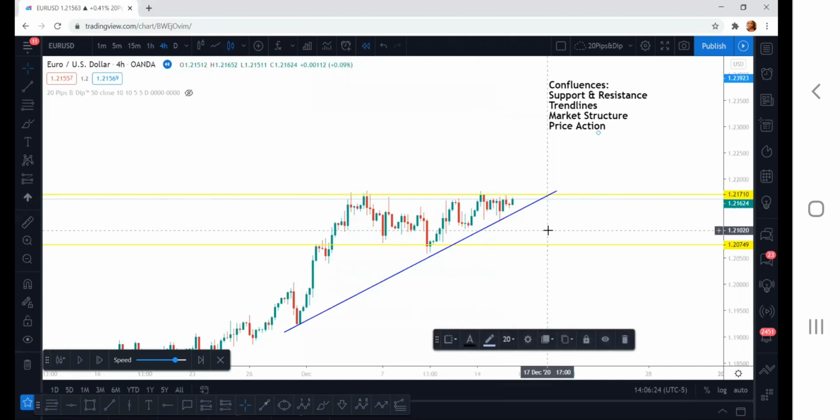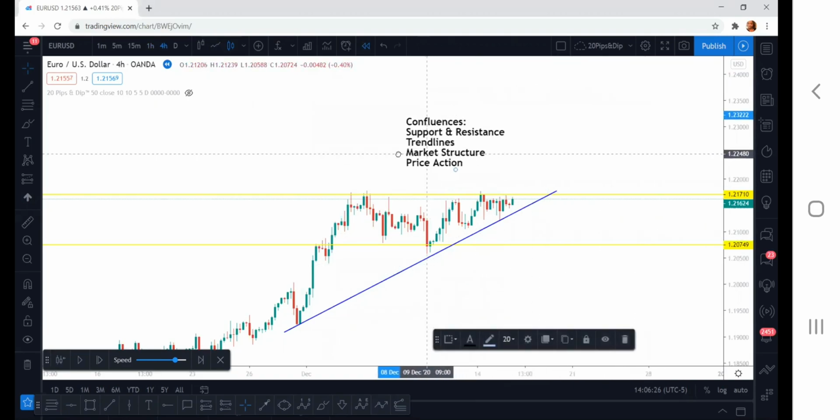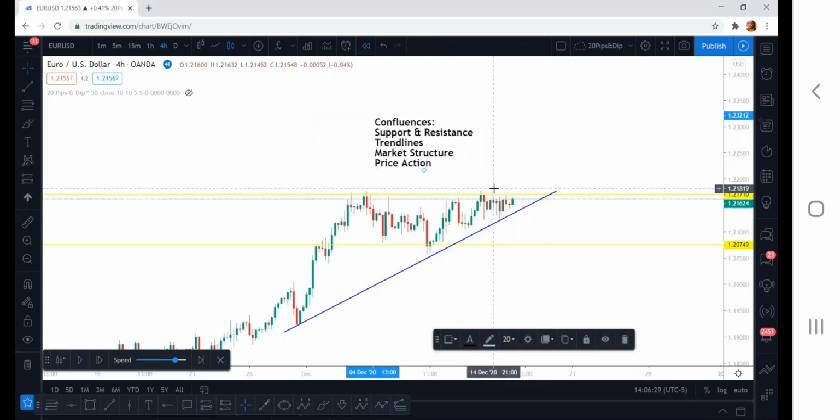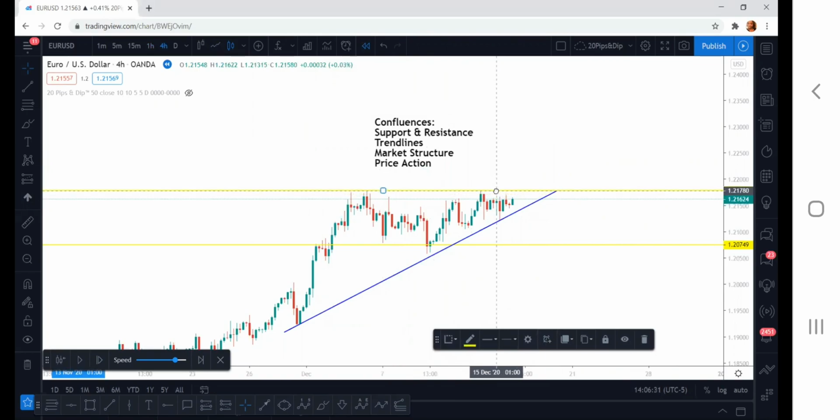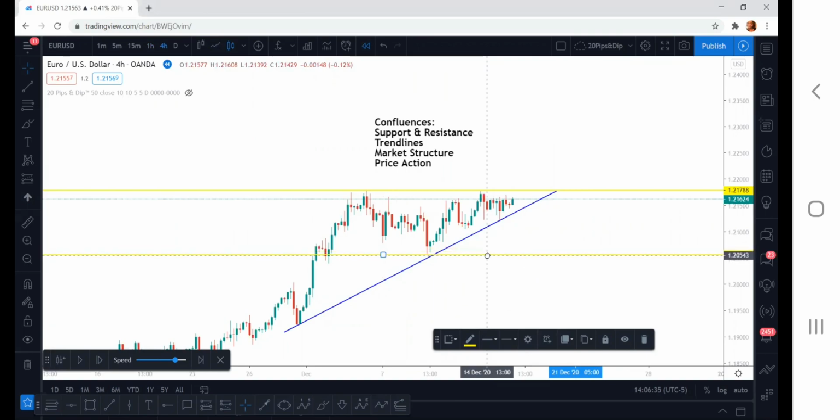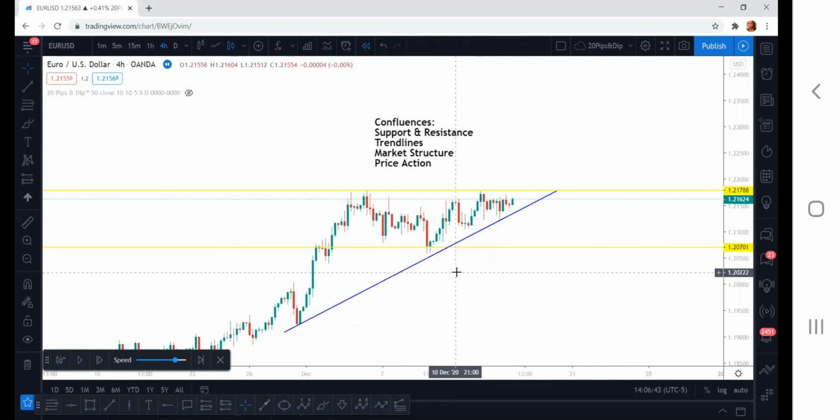This is extra confirmation when you use the Fibonacci tool. I'm actually going to tighten this up a little bit. That's actually fine. Talking about support and resistance, right about there.